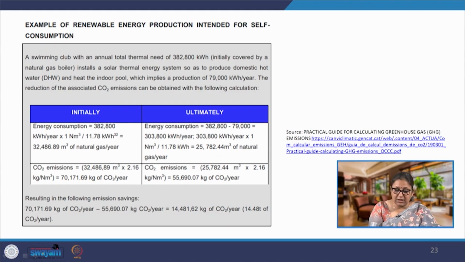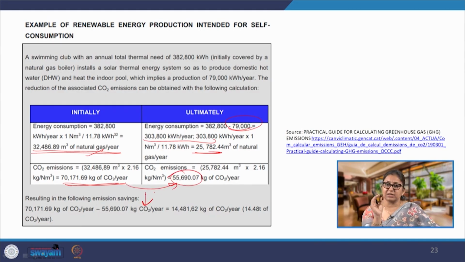So, we will calculate how much was the original production of carbon dioxide, the consumption of natural gas per year, what is the reduction that has happened because of installation of the solar water heater, and what is the resulting carbon dioxide and hence the reduction. So, simple activities. For a bigger project we should divide it into smaller activities and calculate it like that.